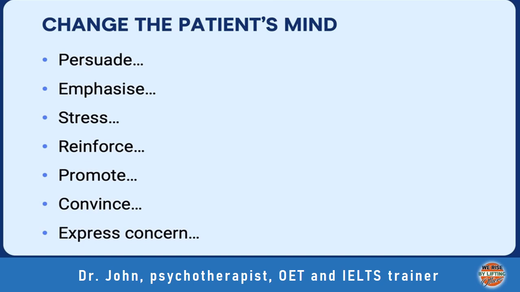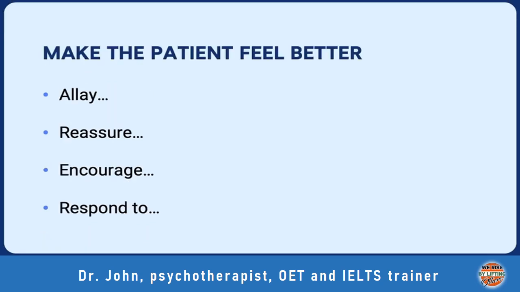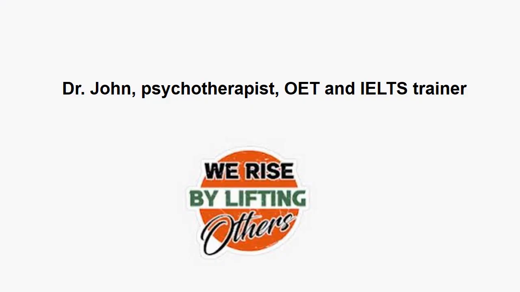You might have to change the patient's mind about something as indicated by the verbs persuade, emphasize, stress, reinforce, promote, convince, and express concern. And you might have to make the patient feel better as indicated by the verbs allay, reassure, encourage, and respond to.